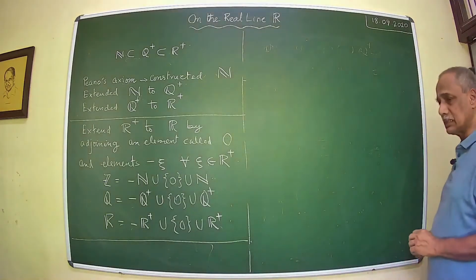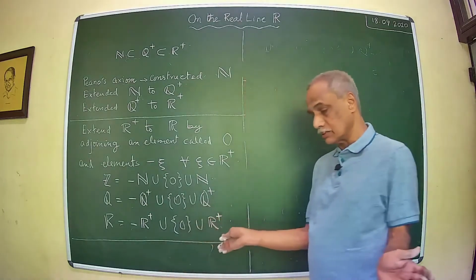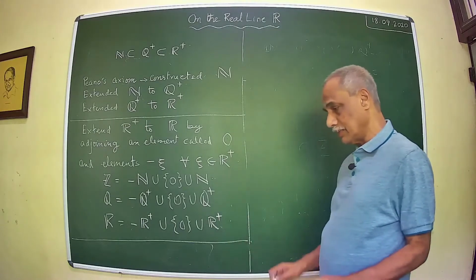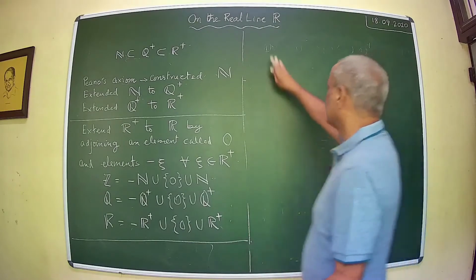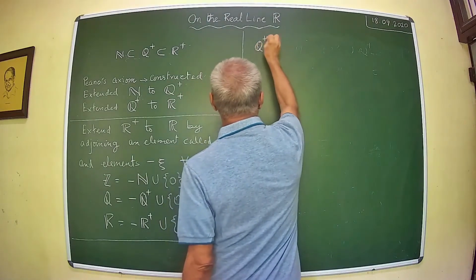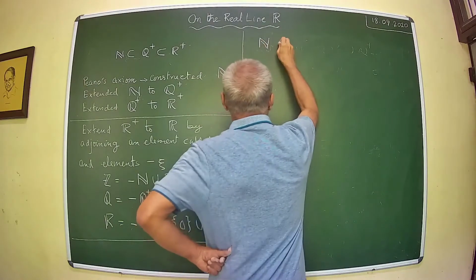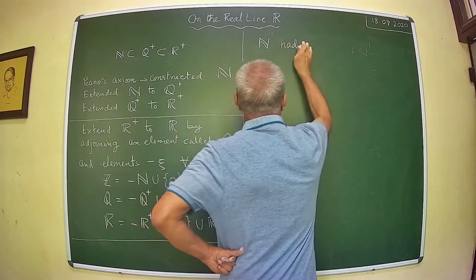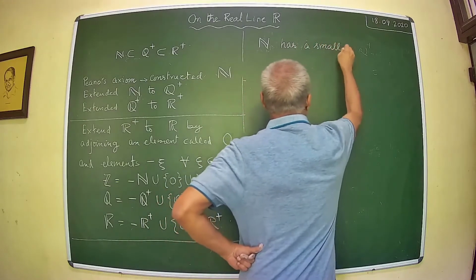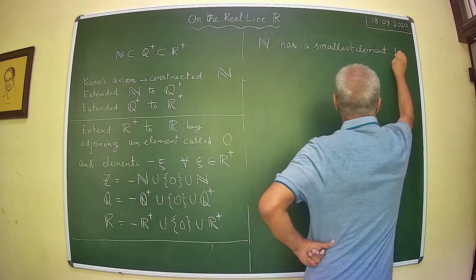Then what all things we lost? Of course, nextness we lost. Suddenly, when you were taking Q plus, you did not have the smallest element in Q plus. As one.